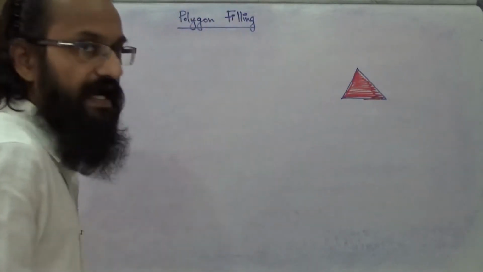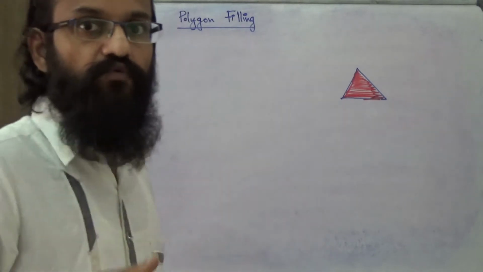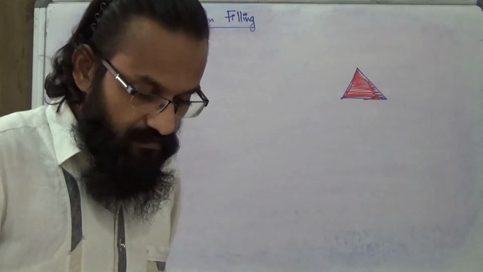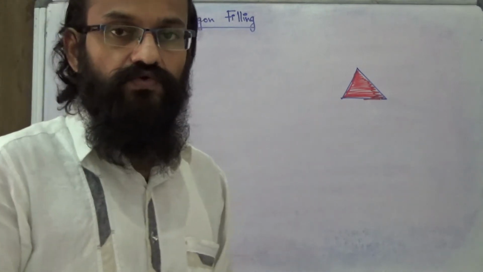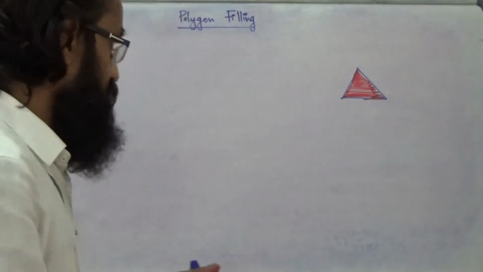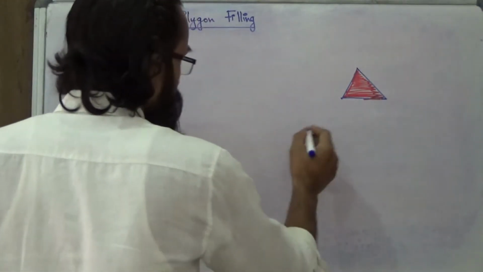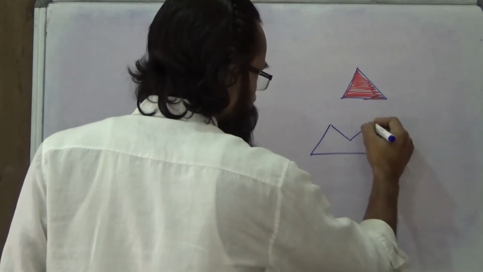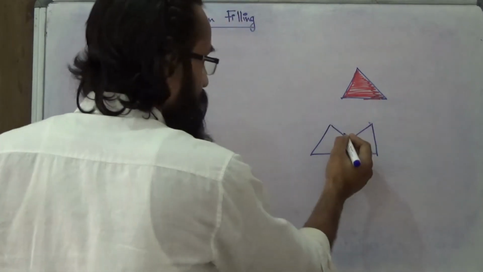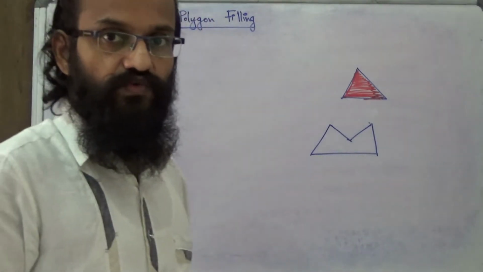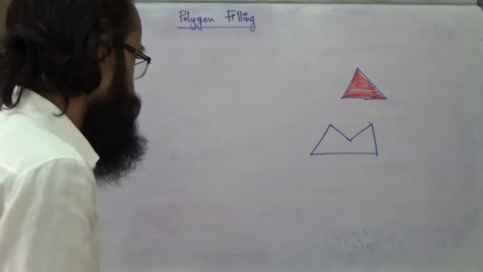So polygon will be having a boundary, polygon boundary. So you can have two different approaches. A polygon can be defined by its boundary. So if I am taking this particular polygon, it is having a boundary that is defined using unique color.